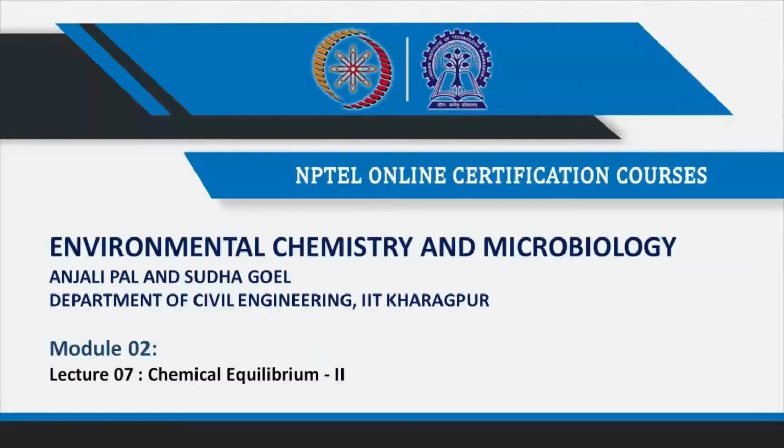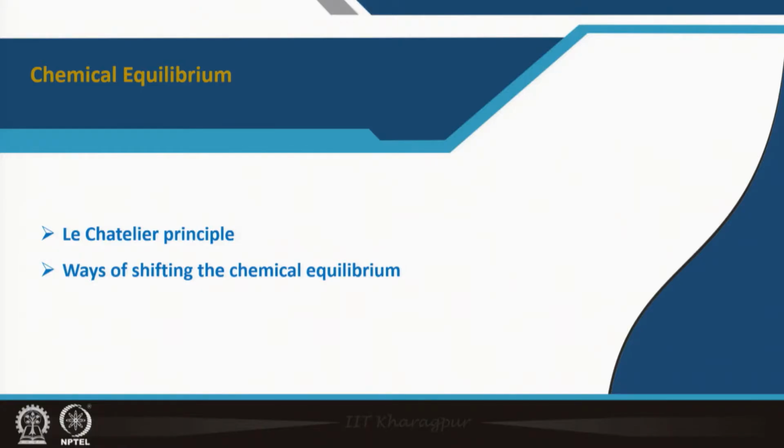In lecture number 7, under module 2, I will explain some aspects of chemical equilibrium. I have already told about chemical equilibrium and how to set up the expressions for chemical equilibrium.